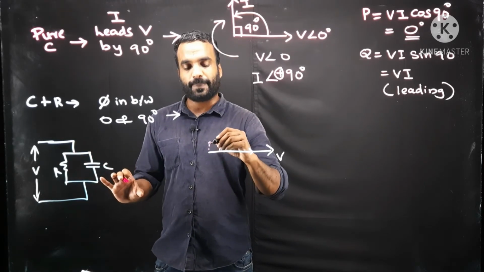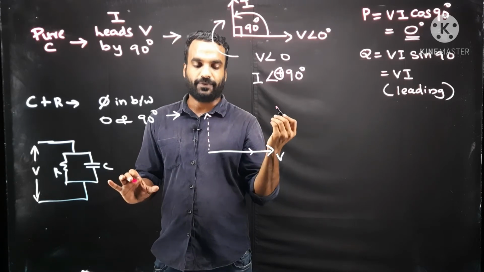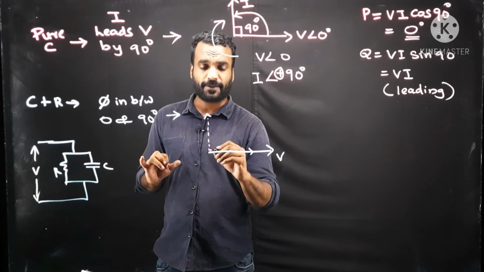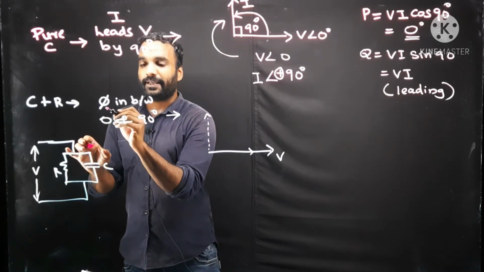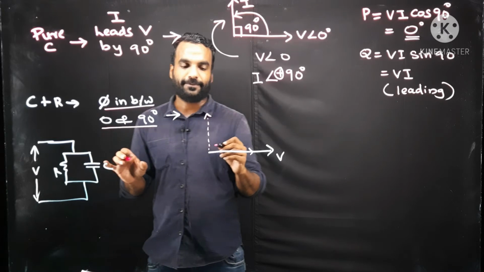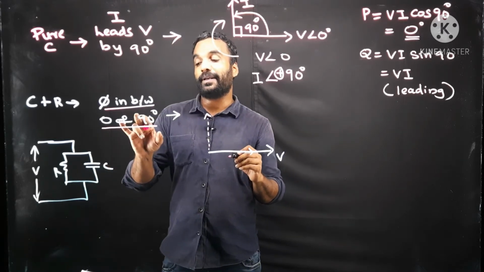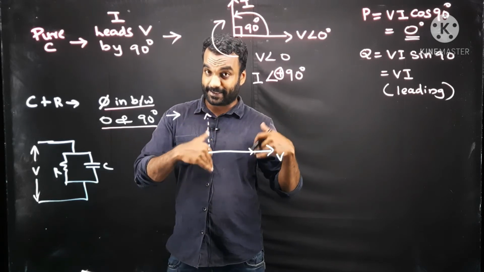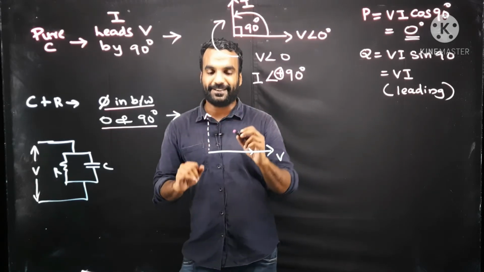If it is purely capacitor, the current will be coming here somewhere. As it is a resultant of a mixture of both resistance and capacitor, the angle will be in between 0 and 90. But you have to be careful that this 90 is plus 90, whereas in case of inductor, that was minus 90.